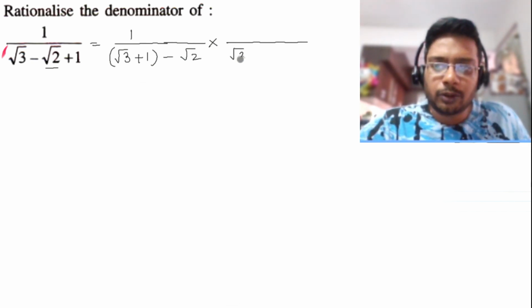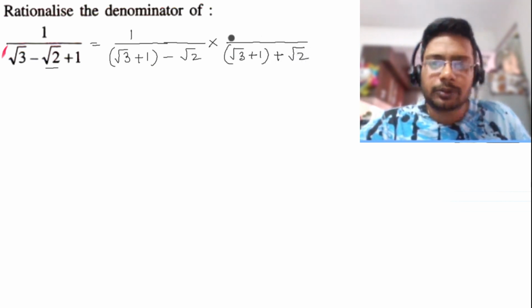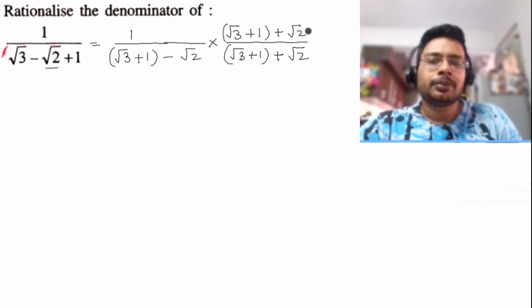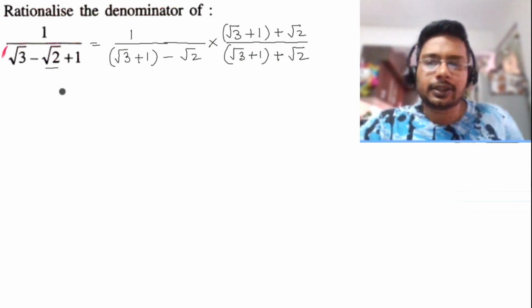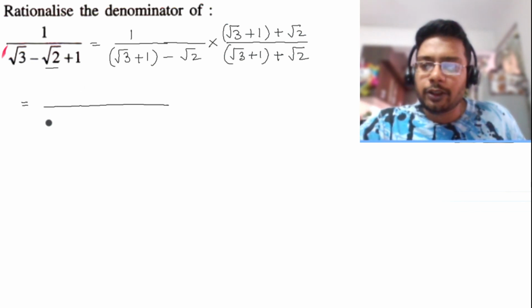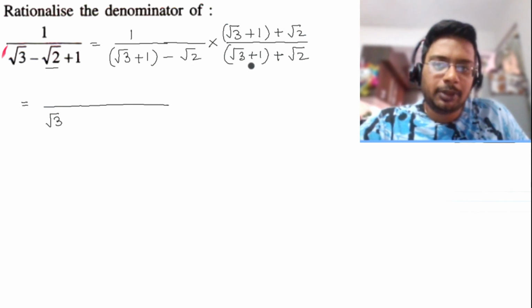So you get root 3 plus 1 inside the bracket plus root 2 in the denominator. Similarly, write root 3 plus 1 plus root 2. So my denominator becomes, here again, a minus b into a plus b.